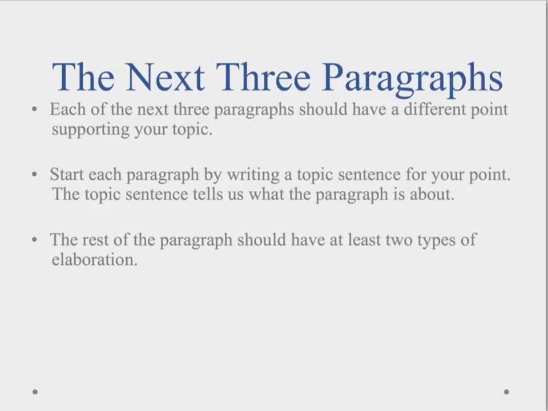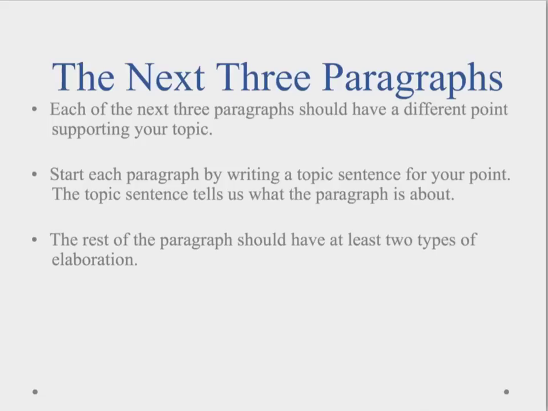Now we talk about the next 3 paragraphs. Each of the next 3 paragraphs should have a different point for each paragraph. So you start each paragraph by writing a topic sentence for your point. Now don't forget, guys, that the topic sentence tells us what the paragraph is about. And we've been talking about topic sentences for some time now.